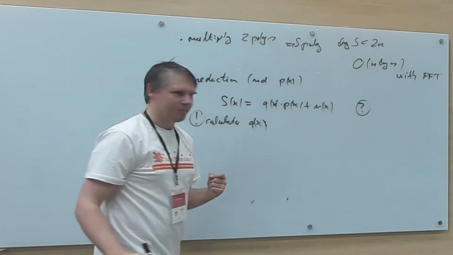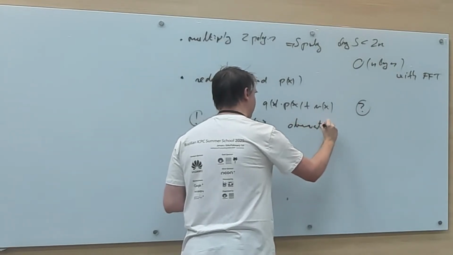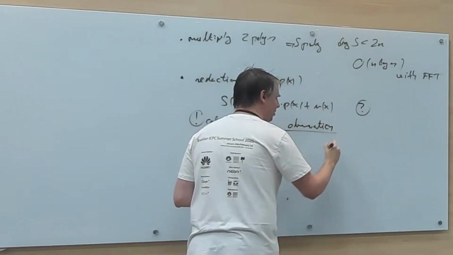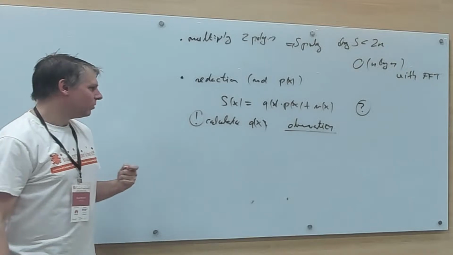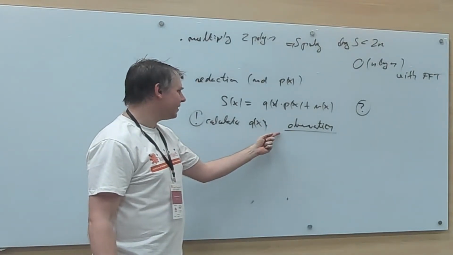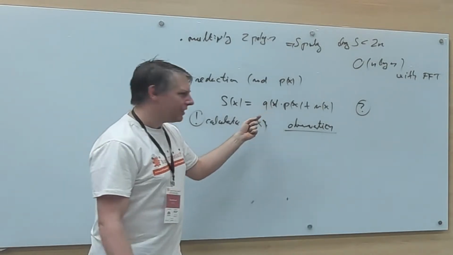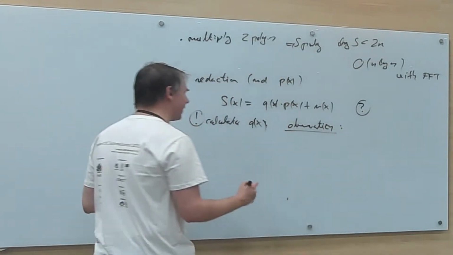So the critical observation is that to determine Q(x), you can argue that the following happens.